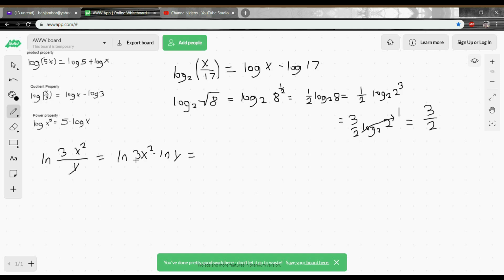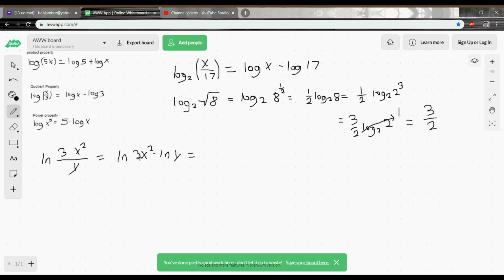Let's take it back a little bit actually. Before we can use the power property, the only thing being raised to the second power here is the x, not the 3.